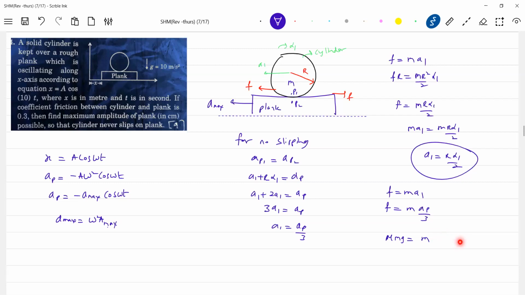So mu g equals omega square A max by 3. So A max equal to 3 mu g by omega square.